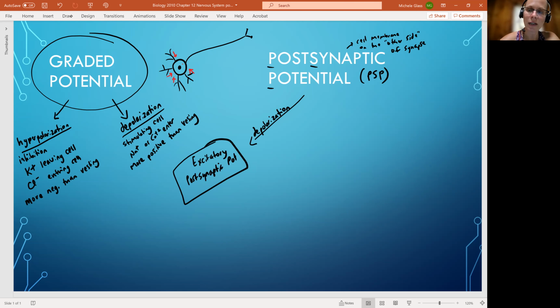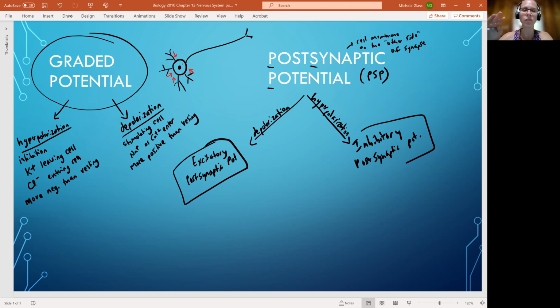And if you're doing a hyperpolarization, we would consider this to be an inhibitory postsynaptic potential. So it's basically the same information on both sides of the screen, just naming it in a different way.